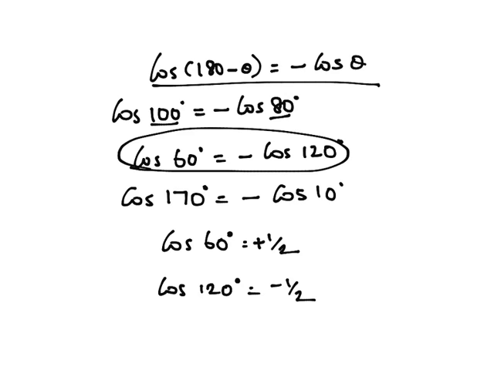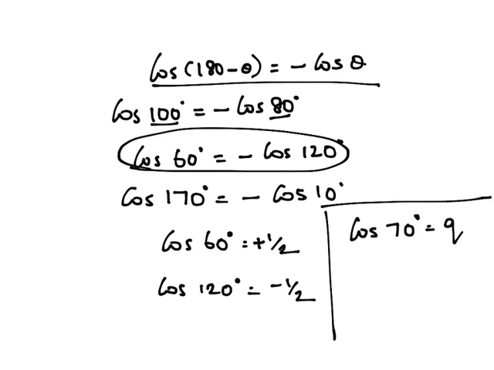So in a problem, if they give cos 70 degrees is equal to Q, and ask you the value of cos 110 degrees, we know that 110 and 70 add up to 180 degrees. So they have the same numerical value but opposite sign. If cos 70 is Q, cos 110 degrees will be equal to minus Q, right?